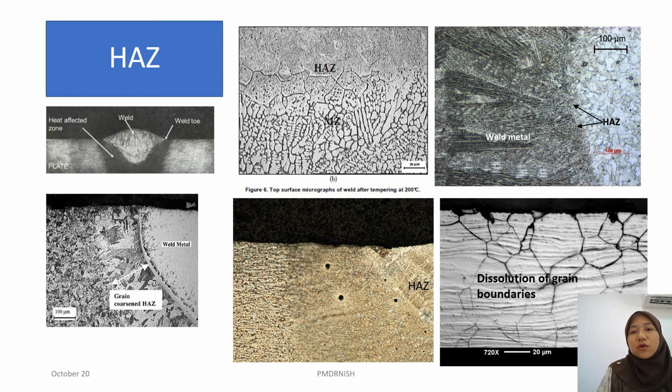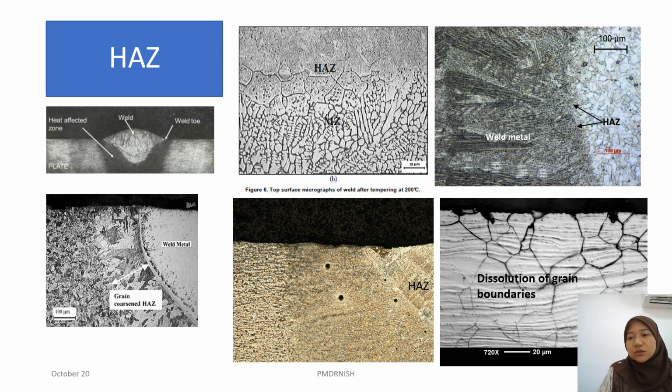Thereby, most of the grain boundaries from the cold work base metal have been dissolved into the matrix and do not have sufficient time to grow into a new grain or recrystallize into a new grain. So this is the weld metal, easy to distinguish because the structure is in the form of dendrites, and this would be the heat affected zone.